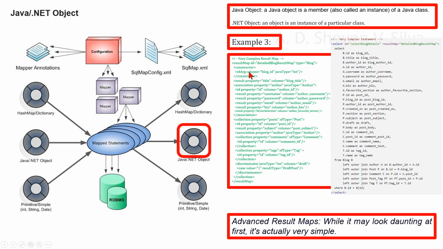Here ID argument, flagging a result as ID will help improve overall performance. If we have args, a normal result injected into the constructor. ID and ID result, flagging results as ID will help improve overall performance.